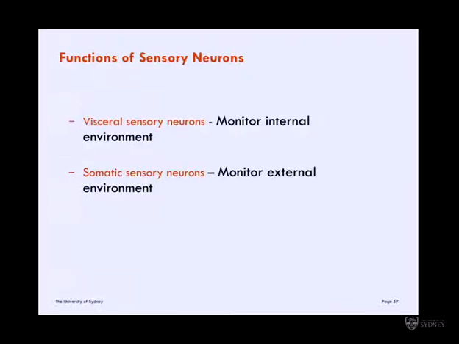So we have two main types of sensory neurons. We have visceral sensory neurons. These are the ones that monitor the internal environment, such as those inside the body, such as the organs, heart rate, for example. All those are visceral structures. And then we have somatic sensory neurons, which monitor the external environment.